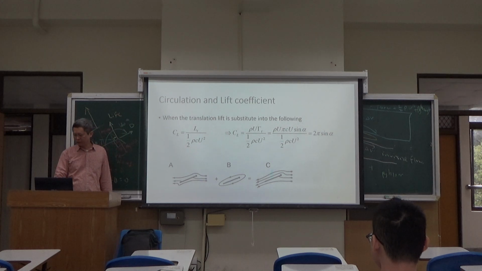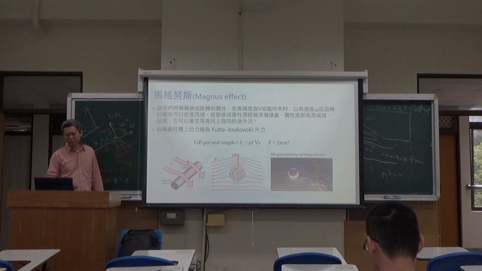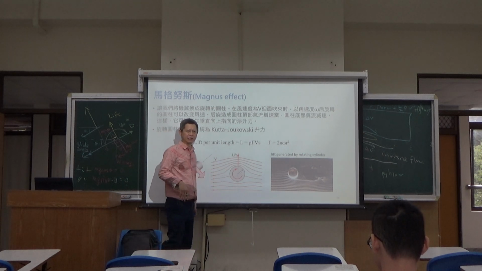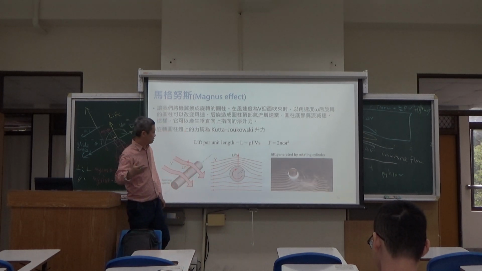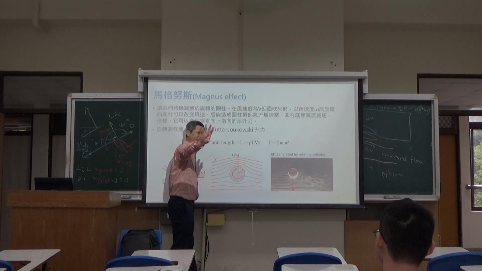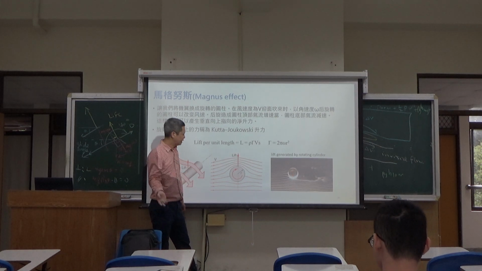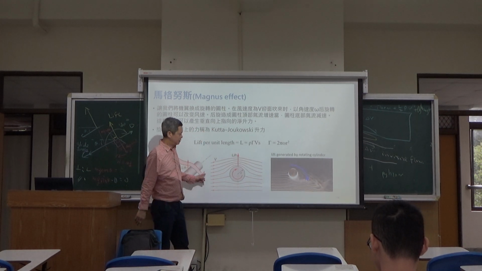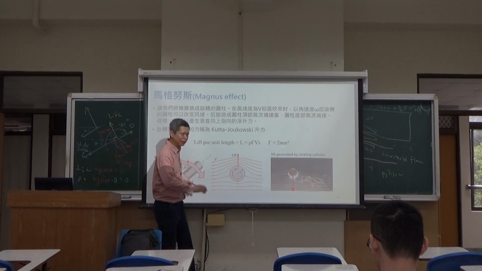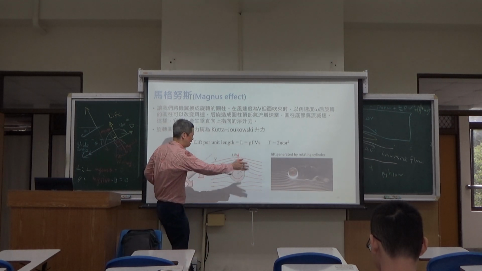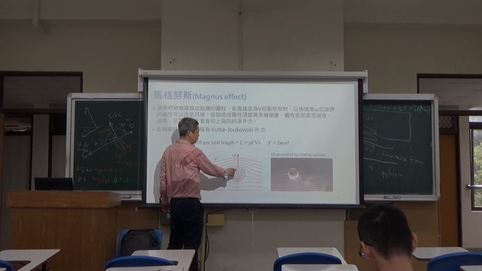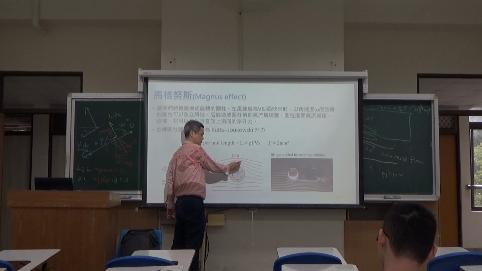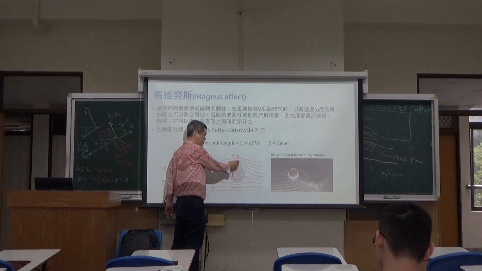So we will not come to this, but we will come to the practical part. How is it possible to introduce speed difference? The best way of introducing speed difference is a cylinder. If you turn the cylinder and have the clockwise rotation in the presence of the wind that flies from the left to the right, then you are going to increase the surface speed, delta V, on the top.